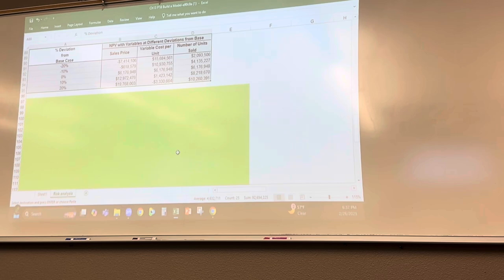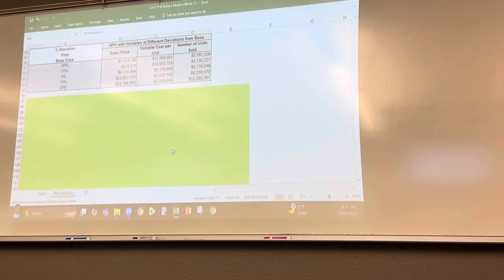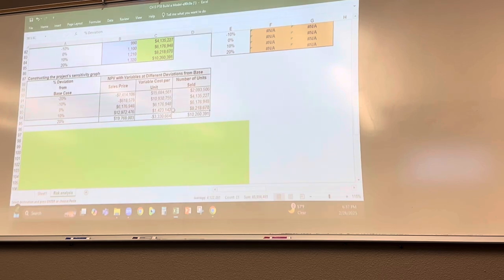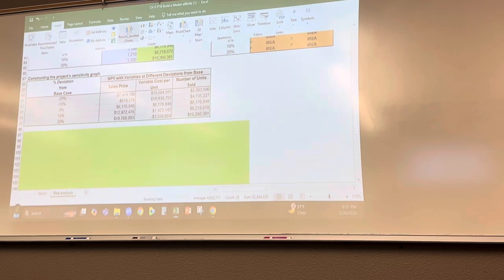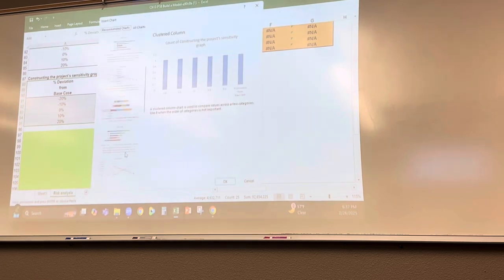You remember we talked about sensitivity analysis, we looked at how each variable affects the NPV. So what I'm doing is I'm highlighting that table here that's generated from what I just plugged in. I'm going to insert, and I would just go to recommended charts. And if you scroll down, you'll see this guy right here.